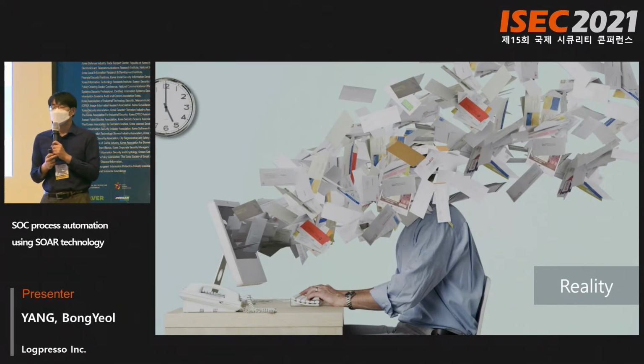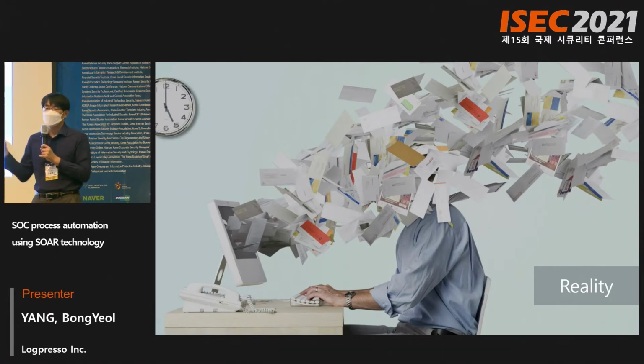I'm sure many of you understand what SOAR is; maybe you have heard the word at least once. Security Operation Automation Response is the full name for SOAR. Security equipment is orchestrated to automate security response. It has been 1 or 2 years since the concept was introduced in the market, so maybe you have heard of what you can do with it.